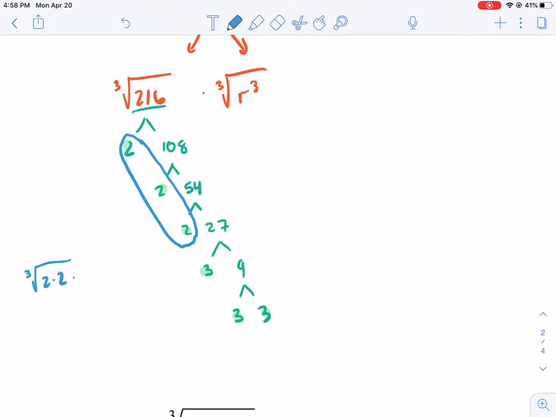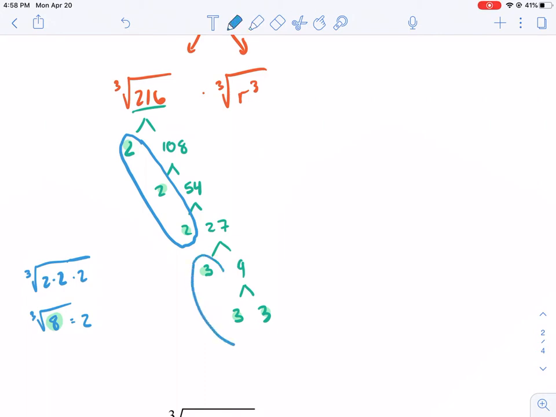But what about 2 times 2 times 2? The cube root of 8. Now we can take that, and that is 2. The essence of a cube root is saying what times itself 3 times gives you the number underneath the radical. 2 times 2 times 2 gives you the number underneath the radical.